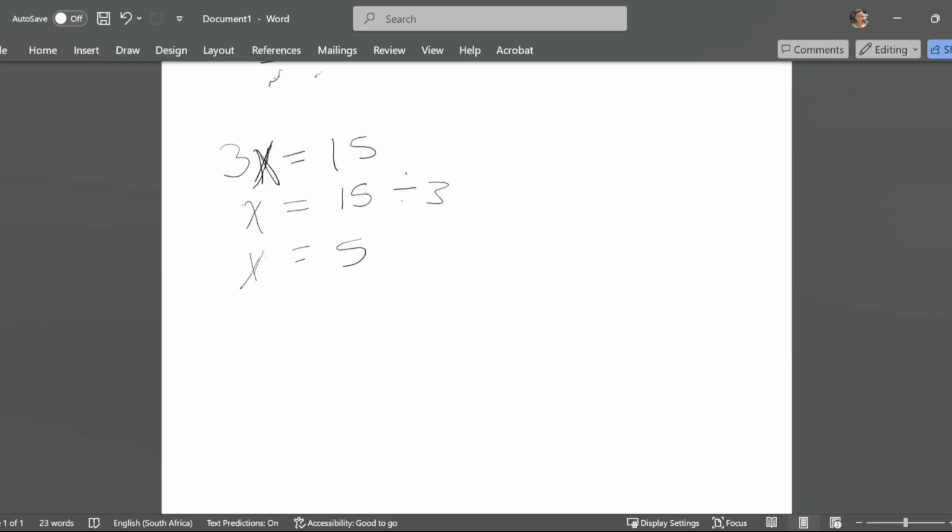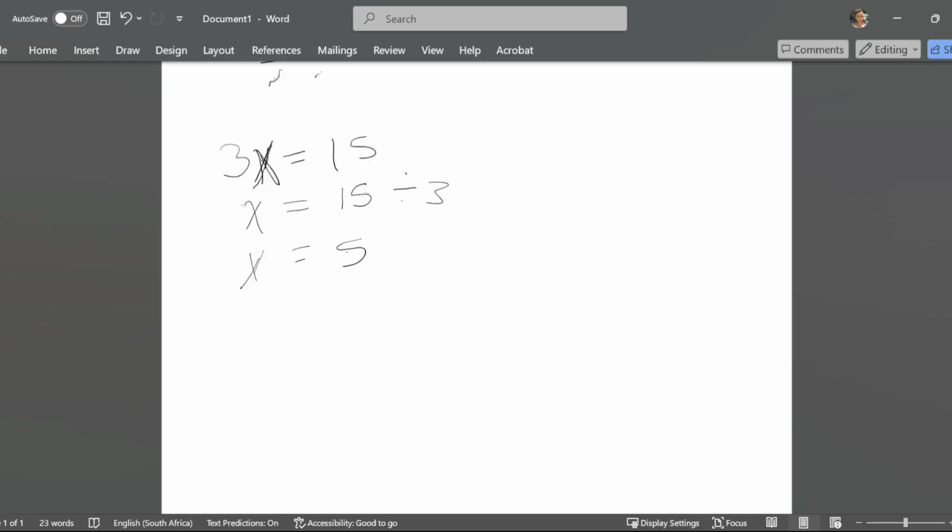That means you bought 5 apples. So if you take the 5 and you put it here into the x, it will give you 15. 3 times 5 is equals to 15. If you had moved this 3 to the side with a times, it would definitely give you a different answer. And remember, the equation means the left side is equals to the right side.